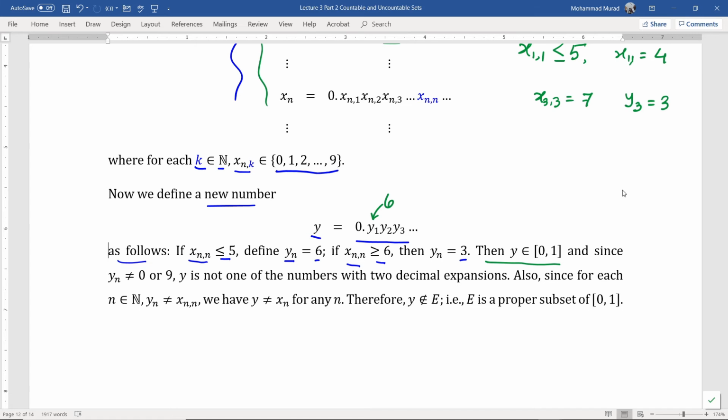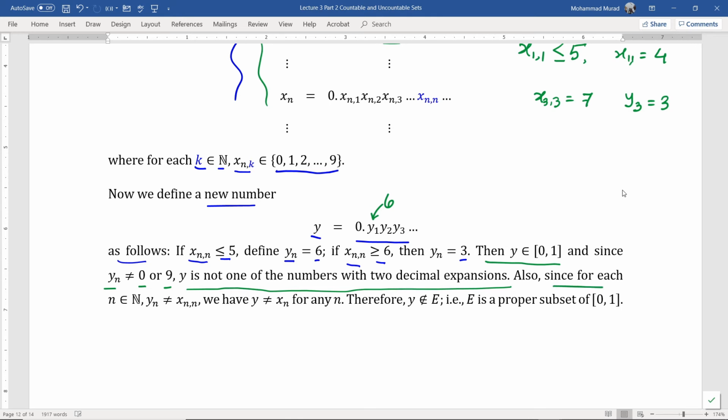And since y sub n is not equal to 0 or 9, notice here y1 possibly has the decimal expansion 0 point either all 3s or all 6s, or infinitely many 3s and 6s, or finitely many 3s and infinitely many 6s, and similarly. So y sub n is not 0 or 9. Therefore, y is not one of the numbers with 2 decimal expansions.